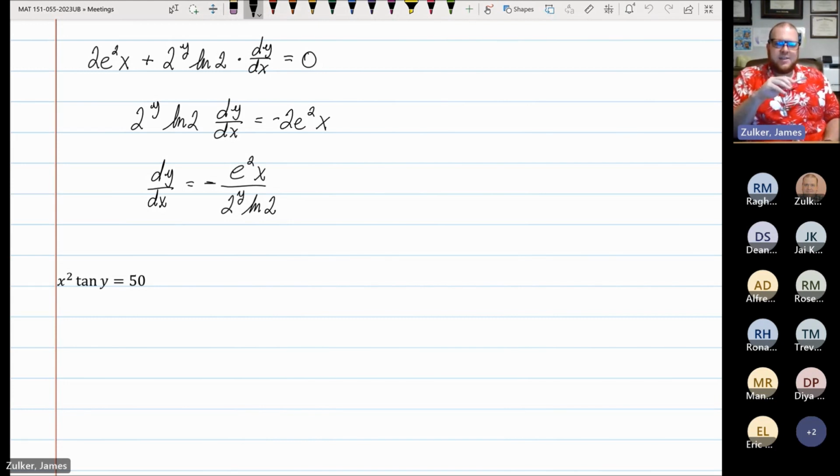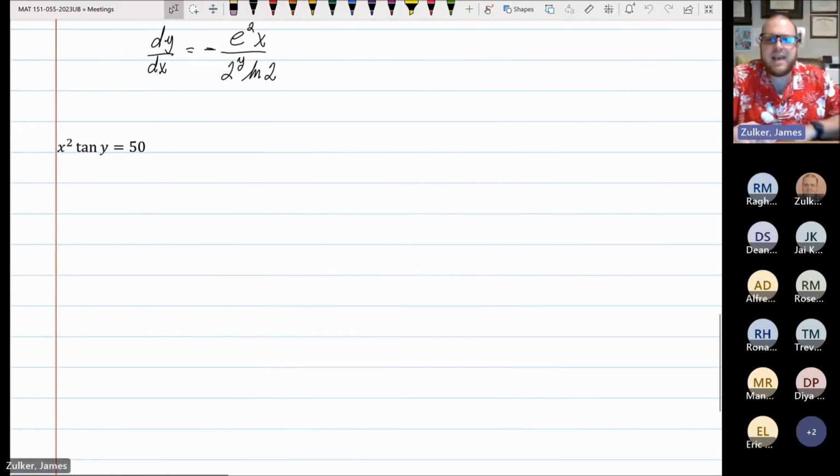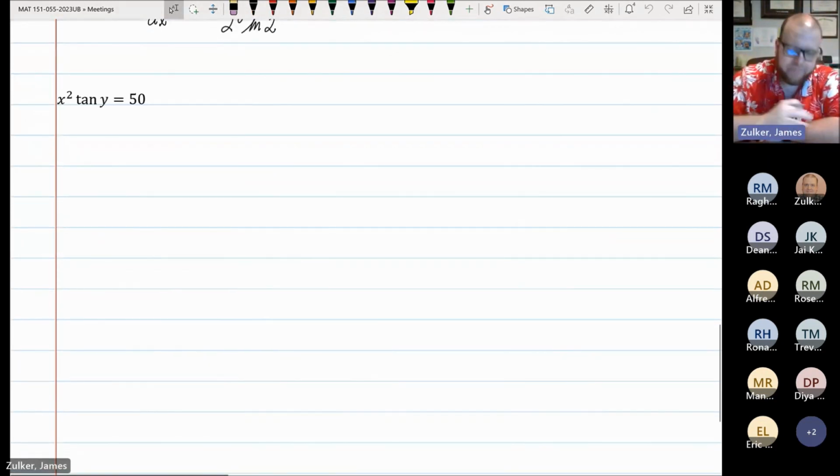x squared times tangent of y is equal to 50. Take d dx of both sides. d dx of x squared tangent of y. This is a product, isn't it?